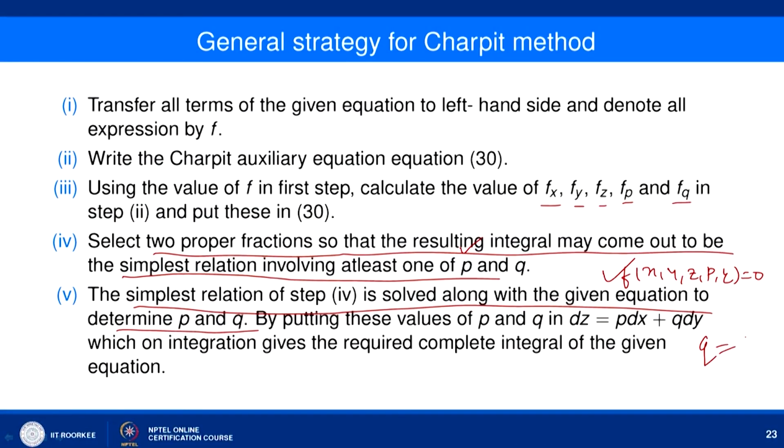In this way we are able to find both p and q, and once we have the values of p and q, put them in dz equal to p dx plus q dy and solve for your integral, and in this way we find the required complete integral of the equation f(x, y, z, p, q) equal to 0. This is the method which we follow, and we will find the complete integral.